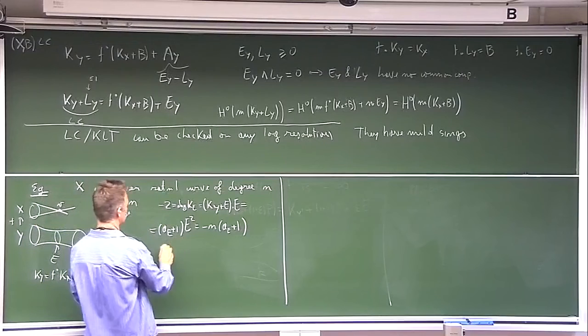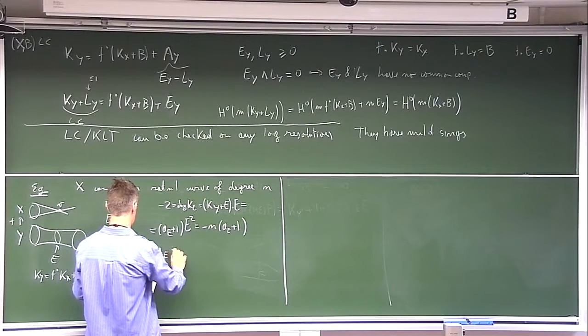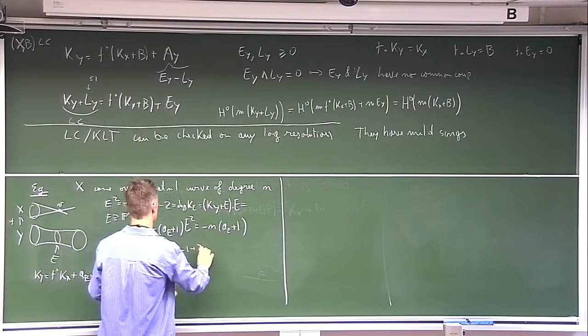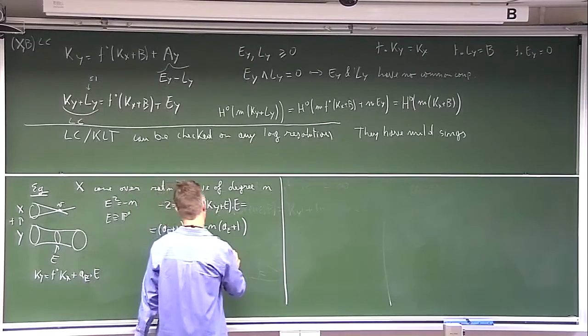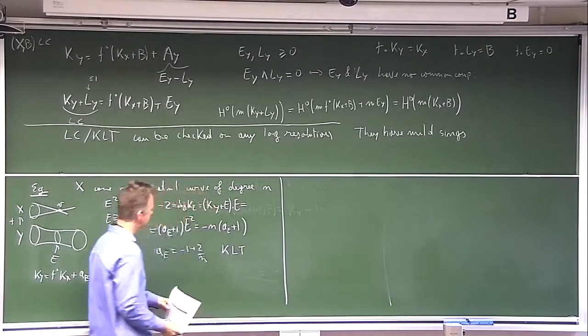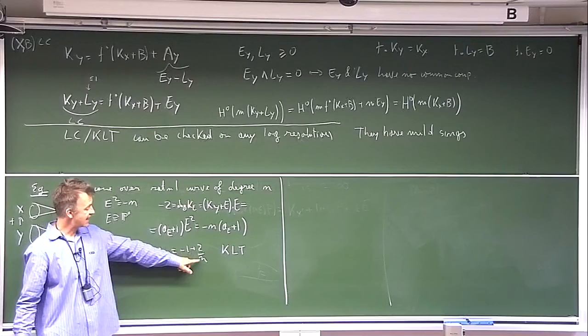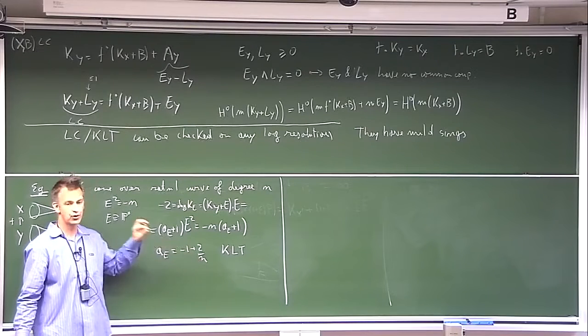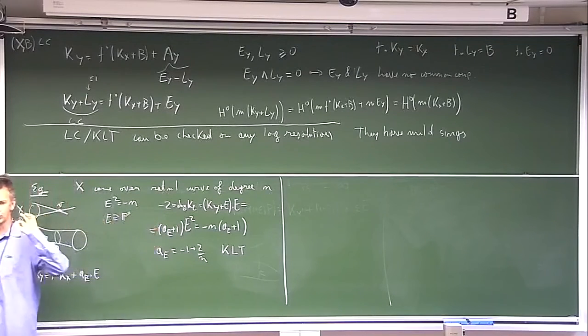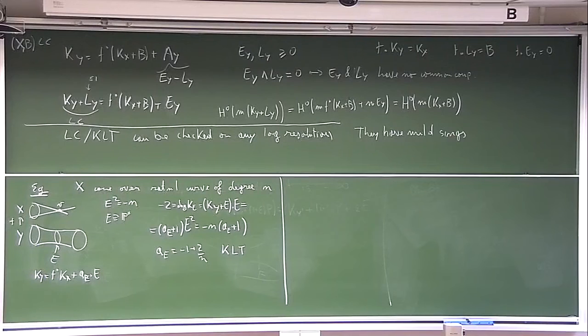And so you read this off, you get that a of E is just minus 1 plus 2 over n, so that these are indeed KLT. And as n gets bigger and bigger, this is approaching this bad threshold, this minus 1. So they're KLT, but as n gets bigger and bigger, they are more and more singular.